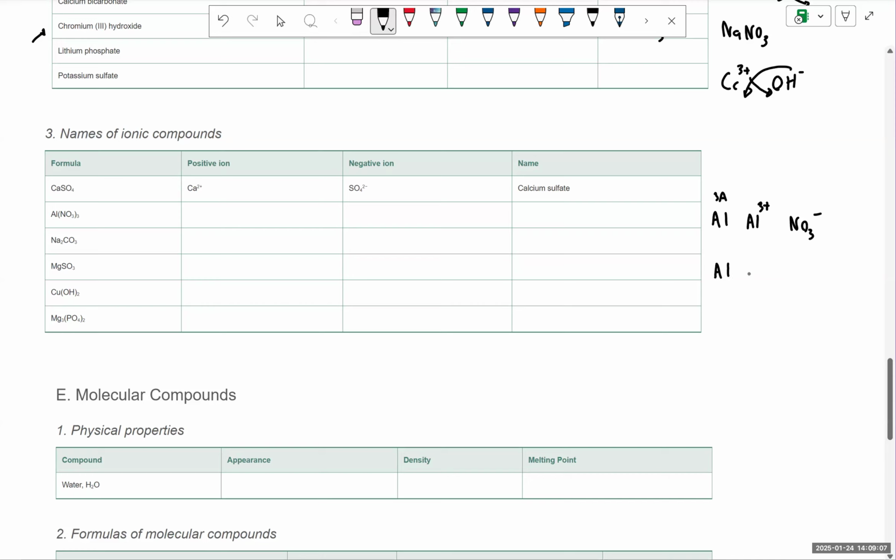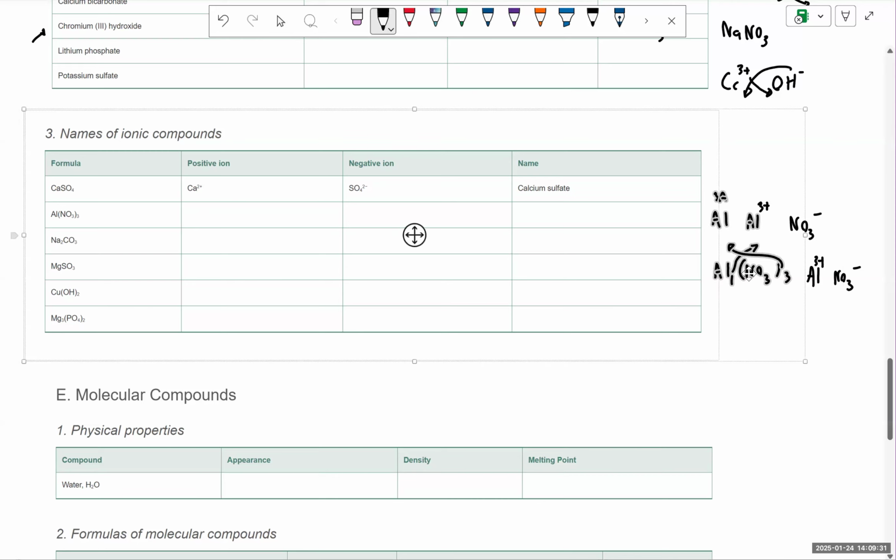We can also calculate the charges using the subscript rule, where we take the subscript and cross it up into the corresponding ion's charge. That gives us aluminum 3 plus and NO3 minus. The methods yield the same result, so this tells us that we've done something correctly.